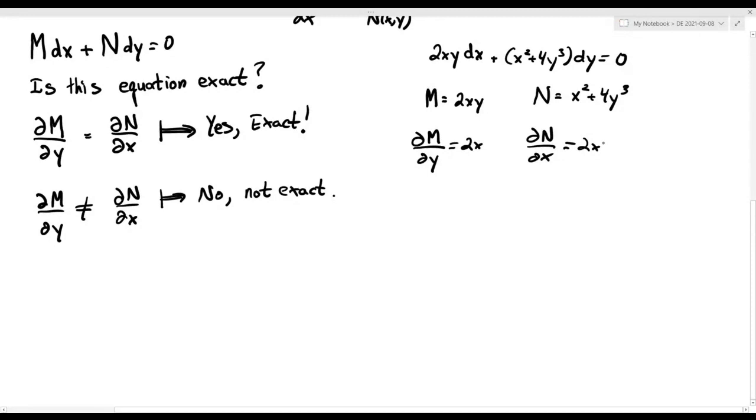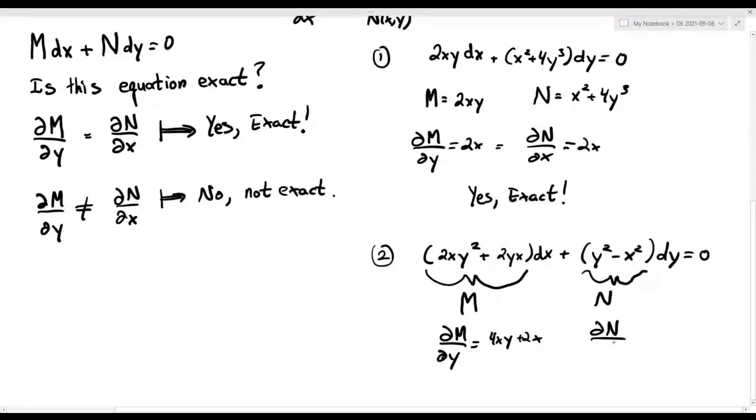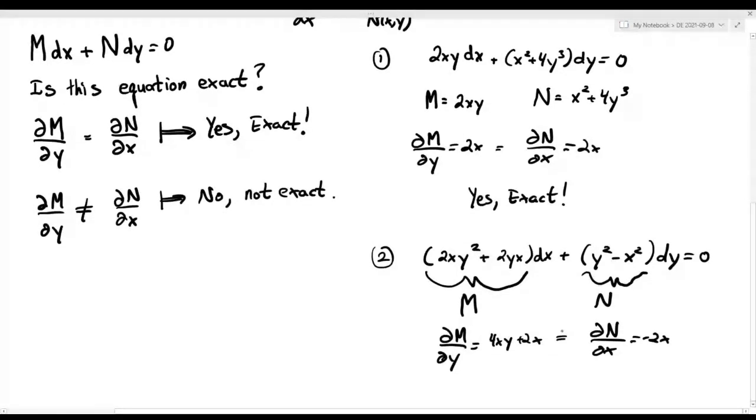And you see that in both cases we get 2 times x, so those are equal. So we can say our differential equation is exact. Now, on the other hand, we have another first order differential equation. So we identify M and N, and then differentiate M with respect to y, differentiate N with respect to x, and we see that these are not equal, so not exact.